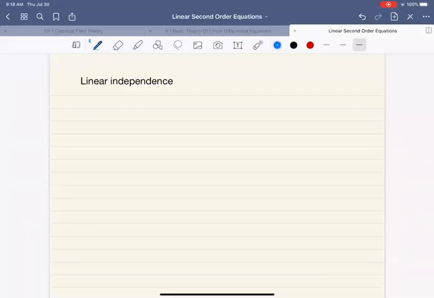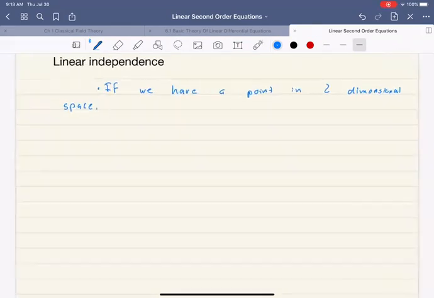So if we have a point in two-dimensional space, then we need two coordinates to determine the point.